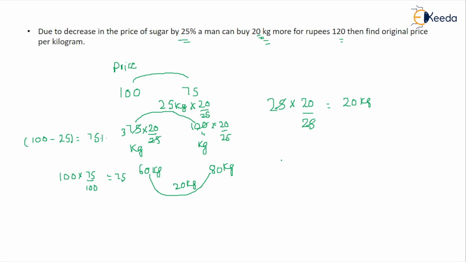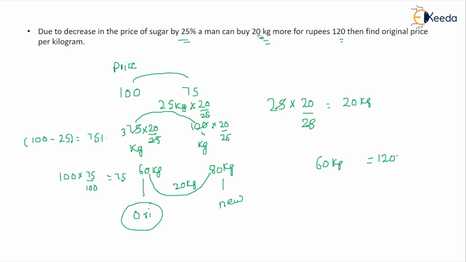So this was what he was buying earlier, so earlier is what? Original price. And this will be his new price, right? They are asking you the original price, that is the last price that he's paying, because this is the new price. So for 60 kg he was paying how much? He was paying 120 rupees.